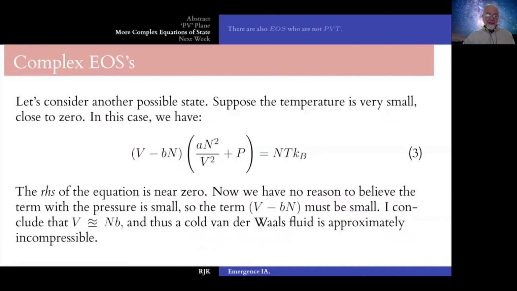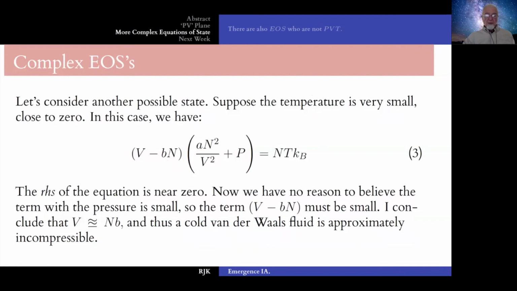You could have a different possible state. Suppose the temperature is very small, almost zero. In this case, we start with van der Waals equation, and the right-hand side of this is near zero.